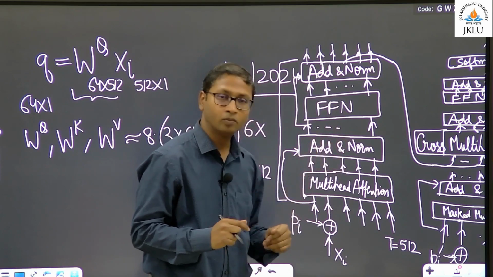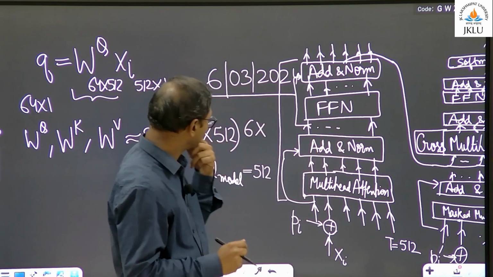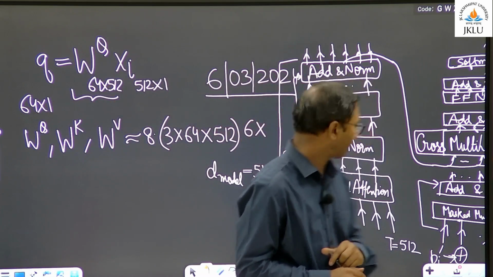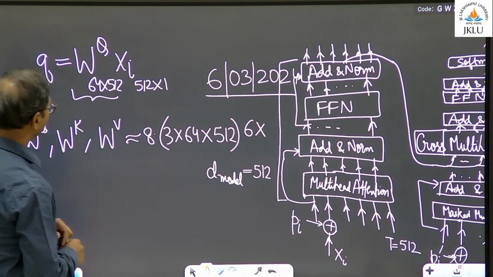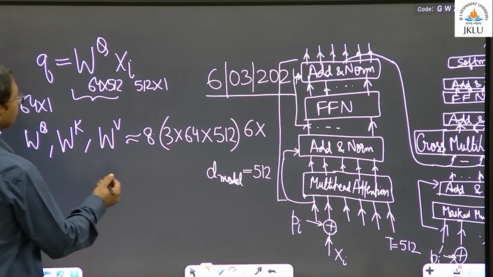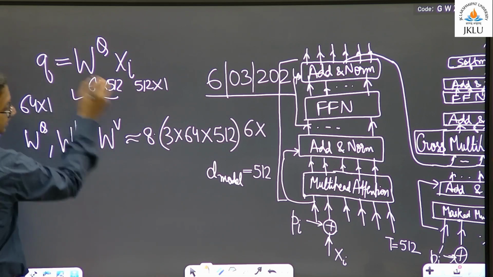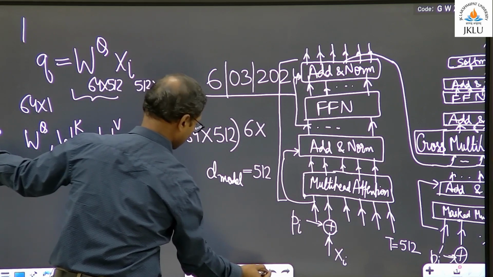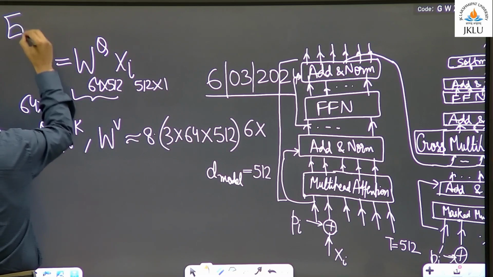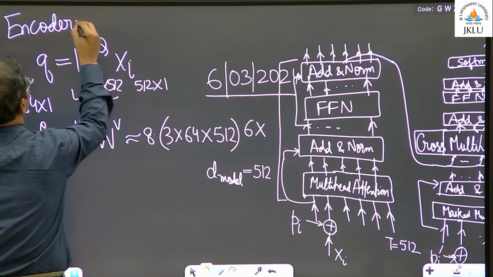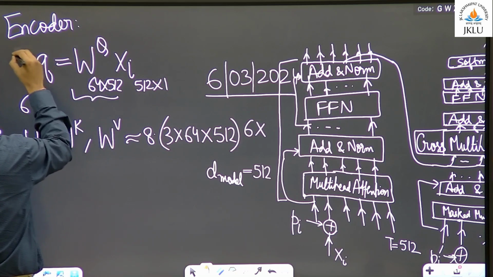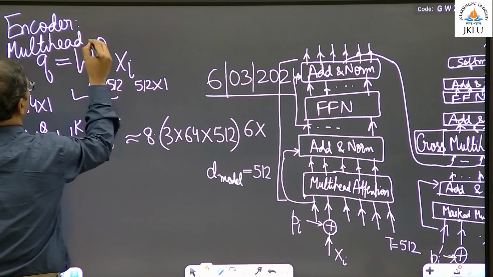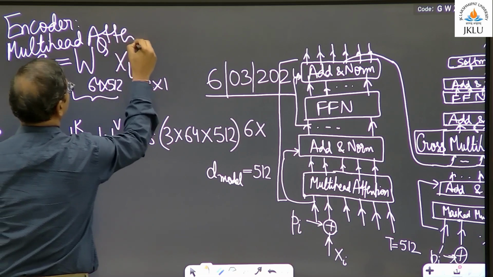What about add and norm? How many parameters here? This is which attention? Multi-head attention, in the encoder.